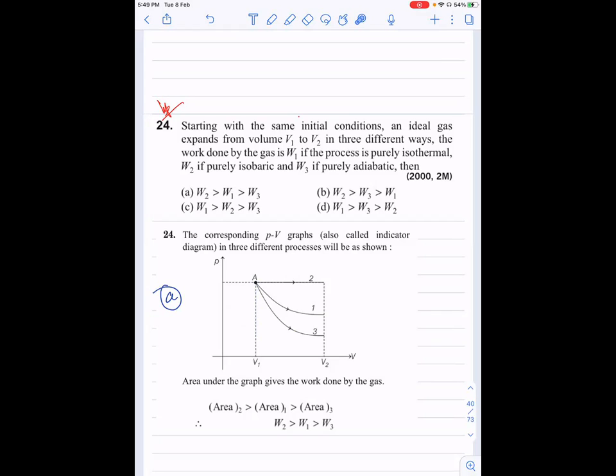Change of volume should be equal. Otherwise, we cannot say anything. V1 to V2 change of volume are given equal. Number of moles doesn't matter then. Okay. Of course, graph. एक minute. Just let me see.